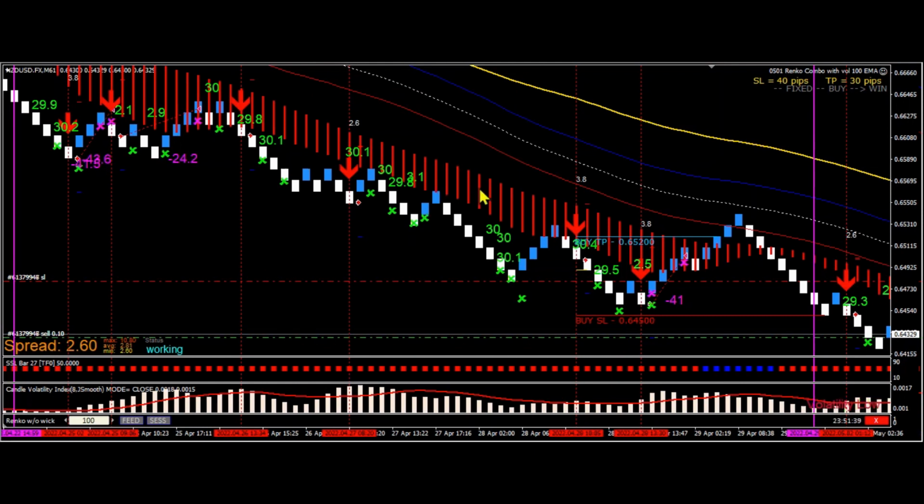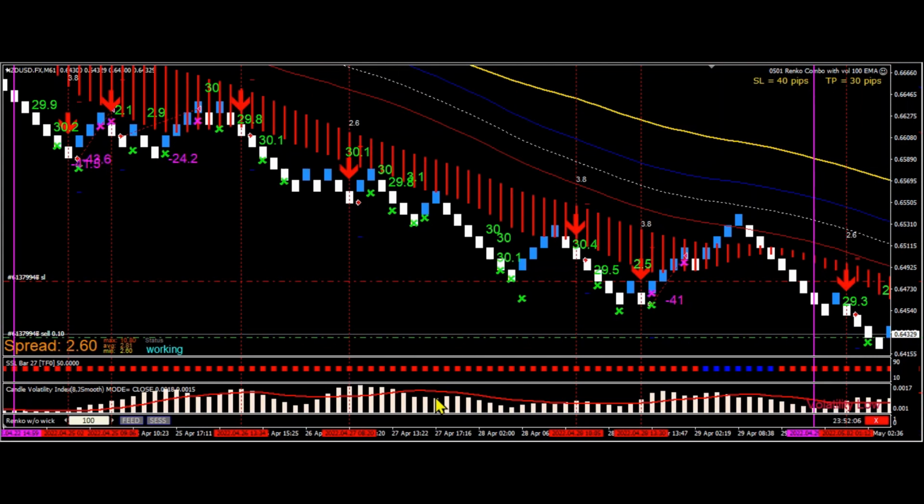So it gives you this histogram right on the chart, which is nice. Finally, I swapped out my volume indicator. I'm no longer using the BB flat. I'm now using candle volatility index, which is a really nice volume indicator to use as well.